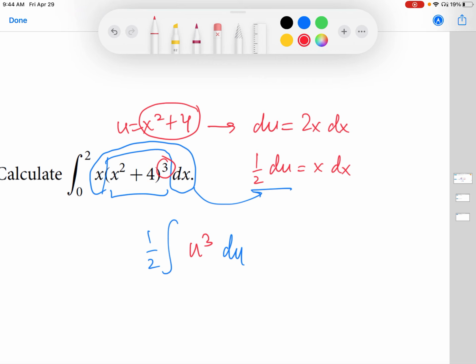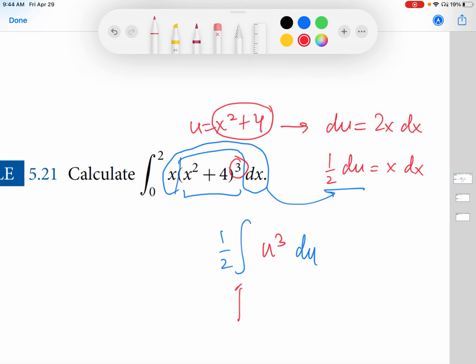All right. I will mention a couple of things here. So notice that I've written an indefinite integral. Why have I done that? Well, here's the thing. If I kept the same numbers, 0 to 2, what would I be saying? I would be saying that these two integrals are equal. And that would mean that u equals 0 is the same as x equals 0.